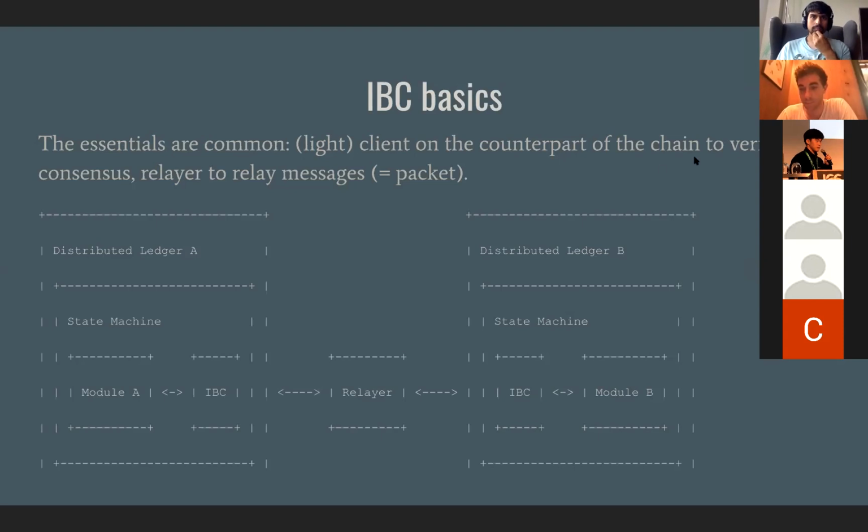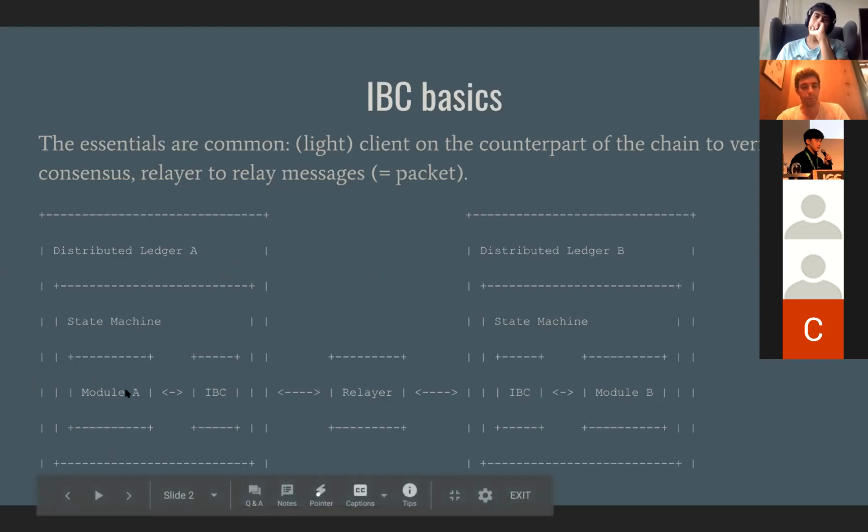If you see this diagram, you have blockchain A, blockchain B, and the state machine of each blockchain. If a module wants to send an IBC packet, it can use the IBC module, and then the relayer will relay it to the other chain.